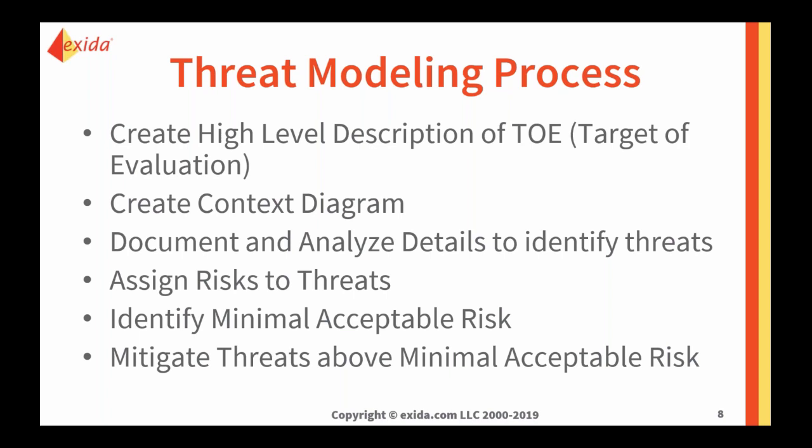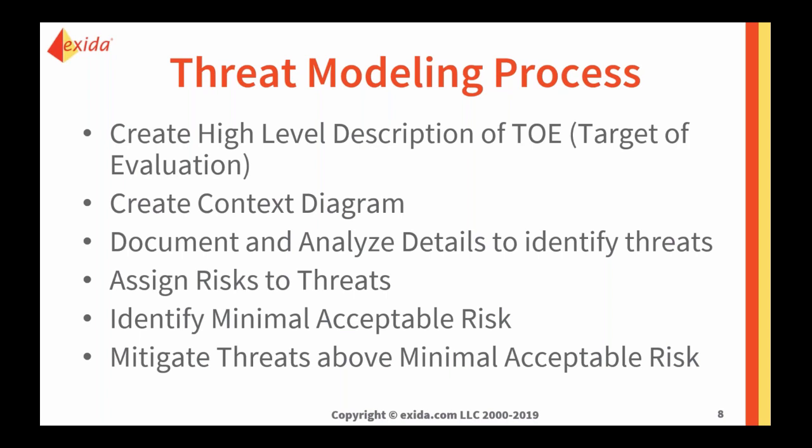And this is very important because these interfaces to the system are essentially the attack surface for the system, which is essentially the paths that an attacker can use to get into the system. And so by understanding all of those interfaces and attack surfaces, that will help you to understand all the threats. If you miss one or don't realize that there's a certain interface or don't analyze it, then you could miss some key threats associated with that interface.